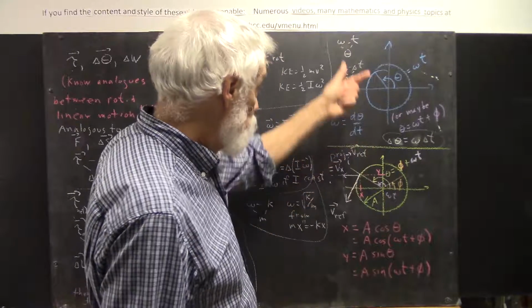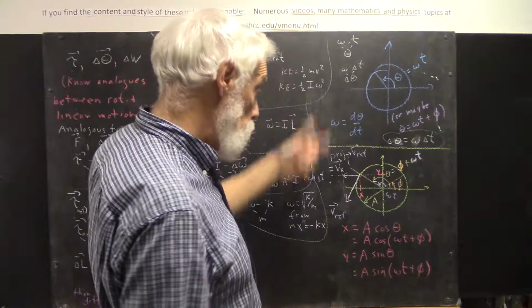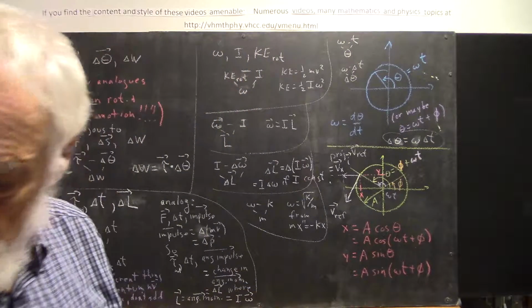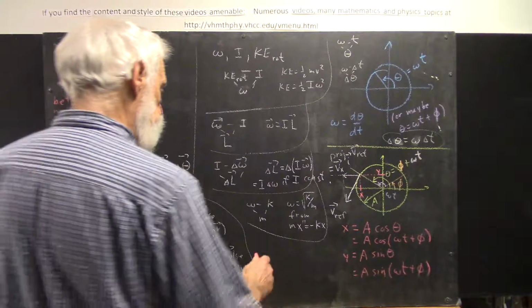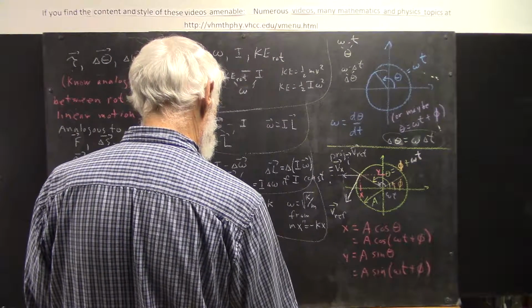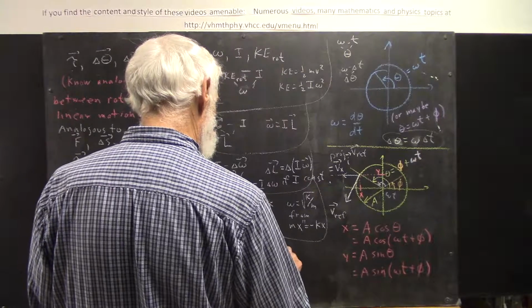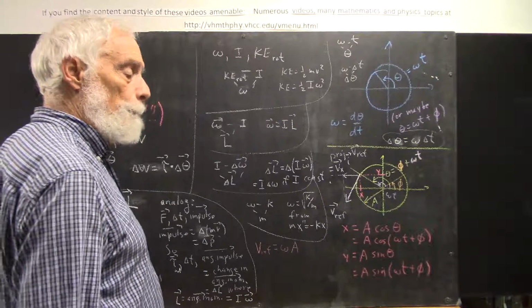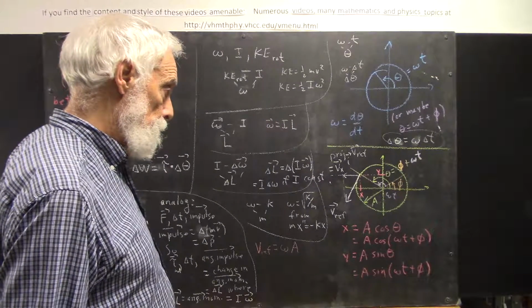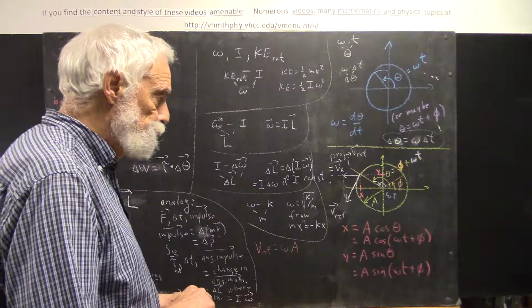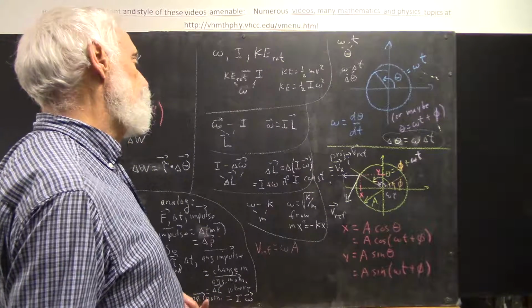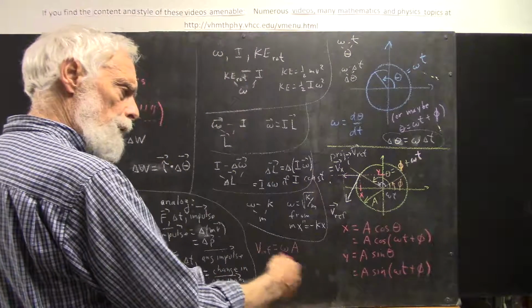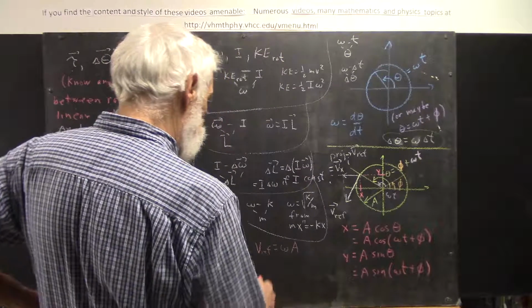Well, if we understand these relationships for rotational motion and everything else, we can say that v ref is omega A. Also, well, I don't want to get too far into the angle, but you can think about this. See if you can prove this. I think we're going to try to do this in our very last class.